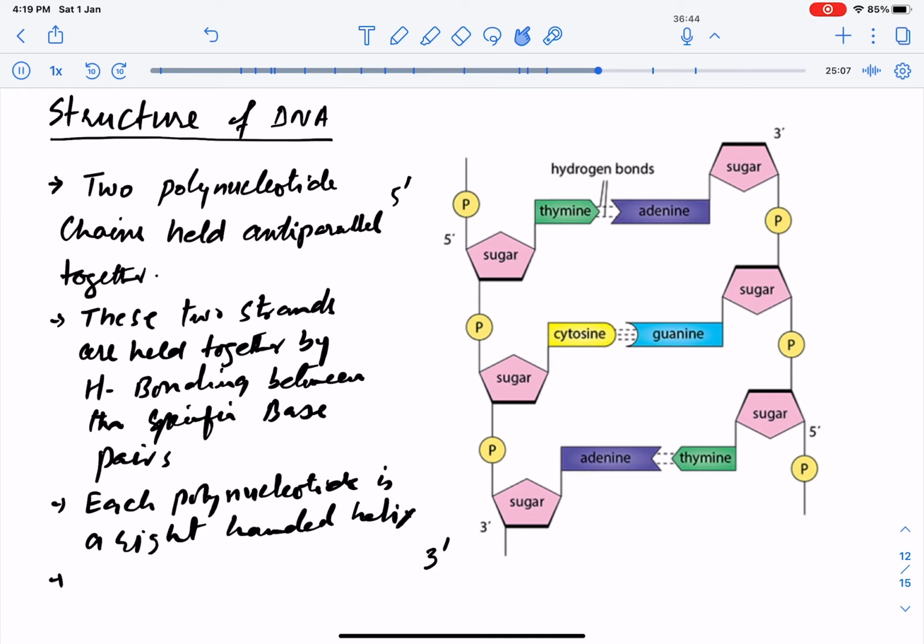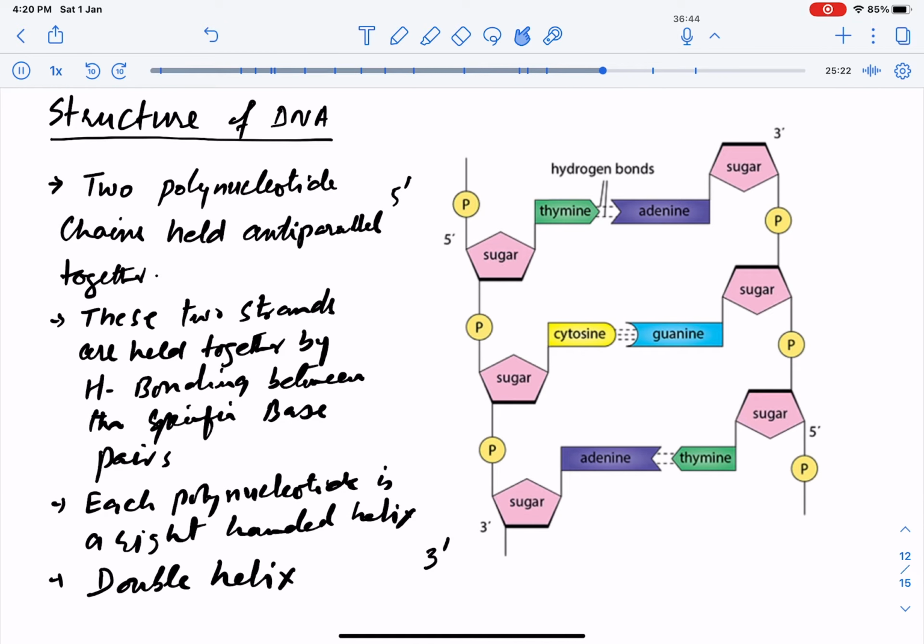So a DNA molecule is known as double helix or duplex or double helical structure. I'll talk about these points one by one.